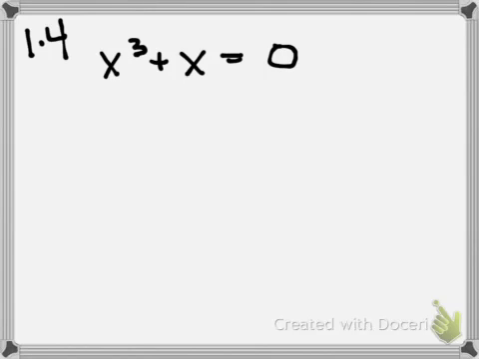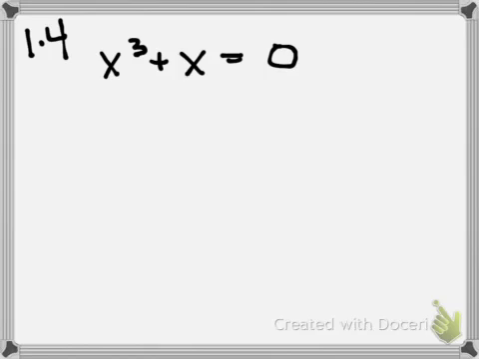Want to go to section 1.4. Okay, now we can have equations that are not linear or not quadratic, but we're going to use the skills that we used in linear and quadratic.